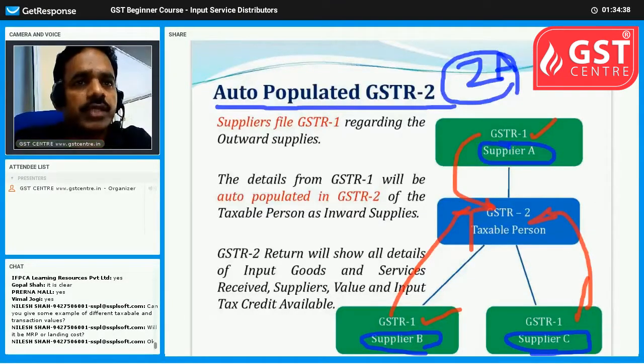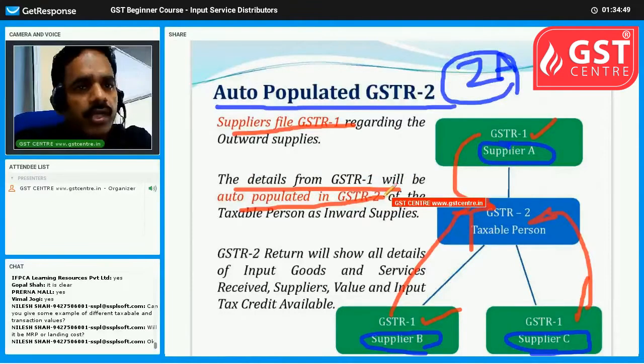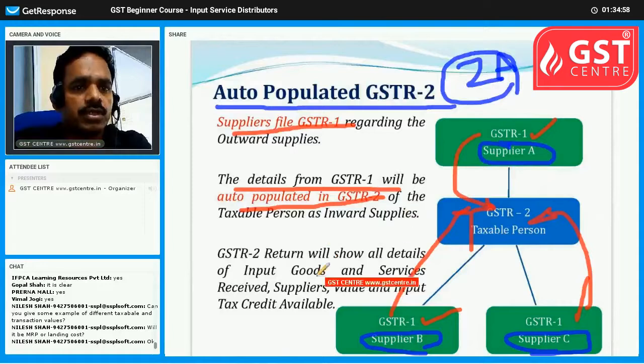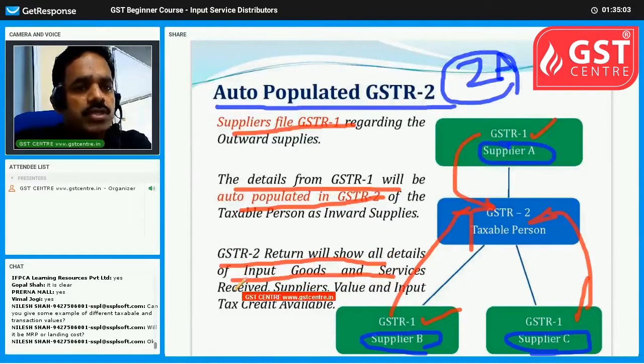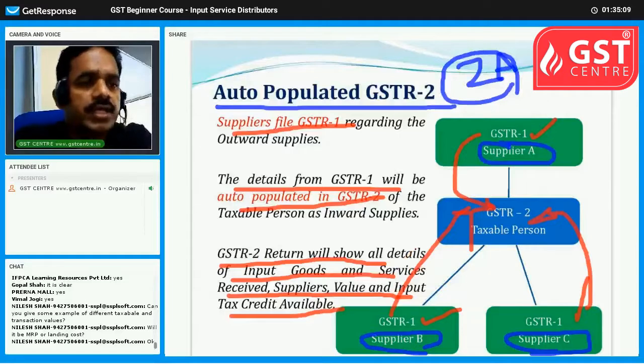There is no requirement for filling return 2. So suppliers will file GSTR 1 and details from GSTR 1 will be auto populated in the GSTR 2 of the taxable person as inward supplies. There is no requirement for inputting all our purchase invoices. And the GSTR 2 return will show all details of input goods and services received, who was the supplier, what was the value, and how much input tax credit is available.